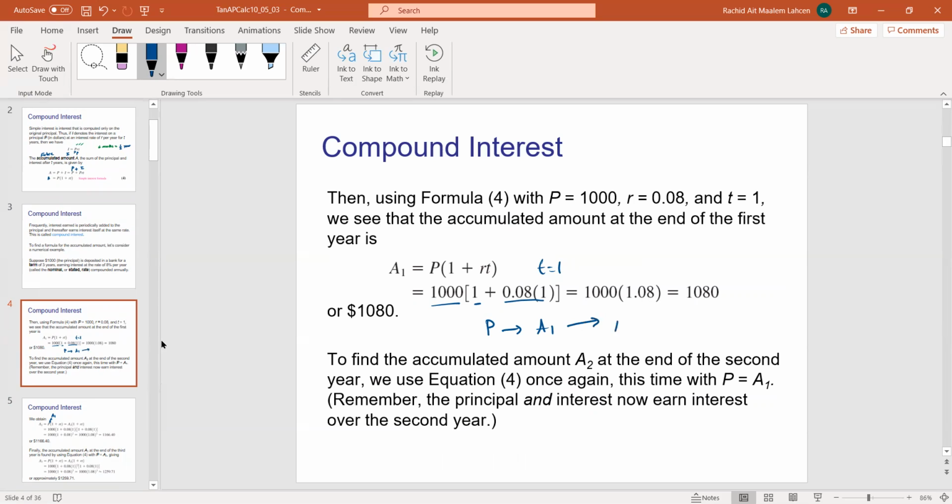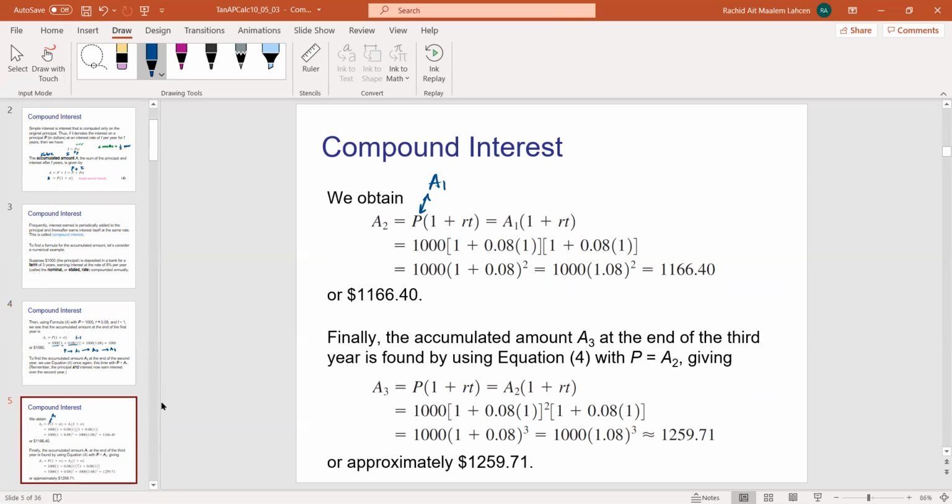From this A1, we're going to get a new accumulated amount, A2. And from this A2, we're going to get a new accumulated amount, A3. So for A2, you can do it this way, or you can just use the previous amount that we had, and that will give you the same thing. So A1, that's the value that we found, now times (1 plus rt) again.